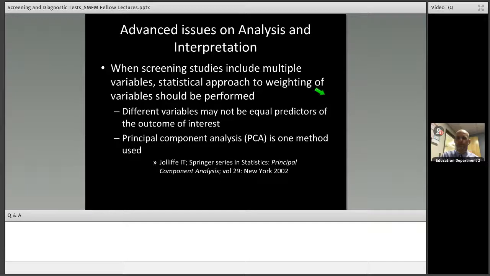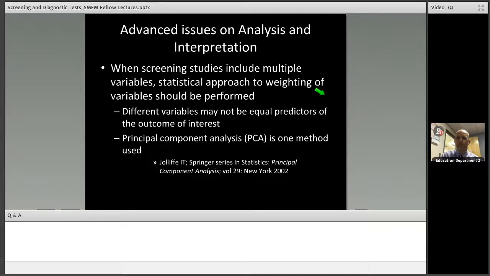When screening tests include multiple variables, sometimes some of these variables can have different impacts on the overall effectiveness of the test. So as an example, let's say you're doing a population study on what factors can predict the outcome of fetal growth restriction in a population.